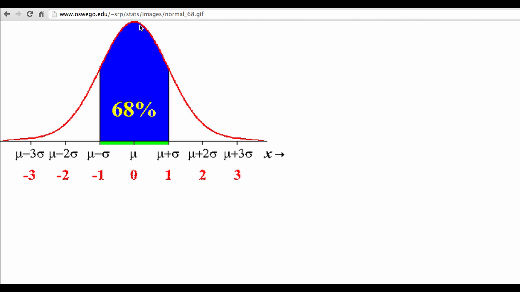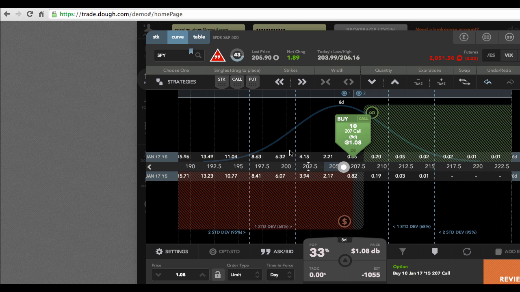So I want to keep my options within 1 standard deviation because I know that my probabilities of success are much higher here than they are out in this part of the curve over by the second standard deviation. So first standard deviation are these verticals, second standard deviations are these verticals, and that's where you get your probability of profit here at 33%.